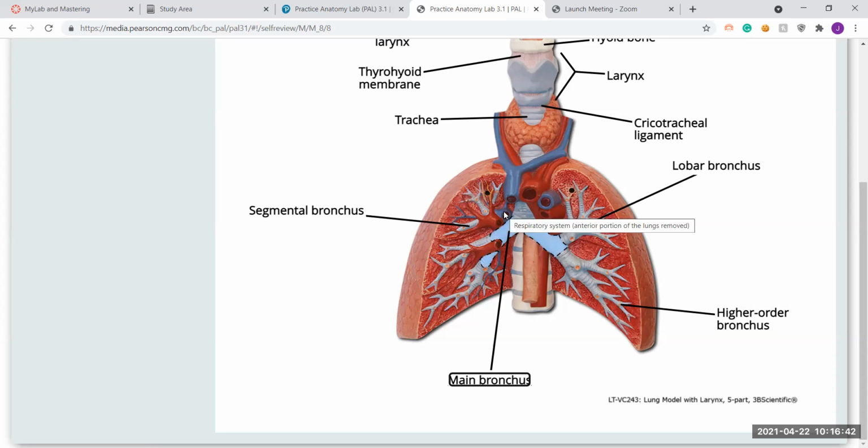So what is entering the lungs? You see the blue, this is the branch, this is the pulmonary artery getting inside your lungs. And this red one is the pulmonary vein. And the bronchial artery also enters the lungs.